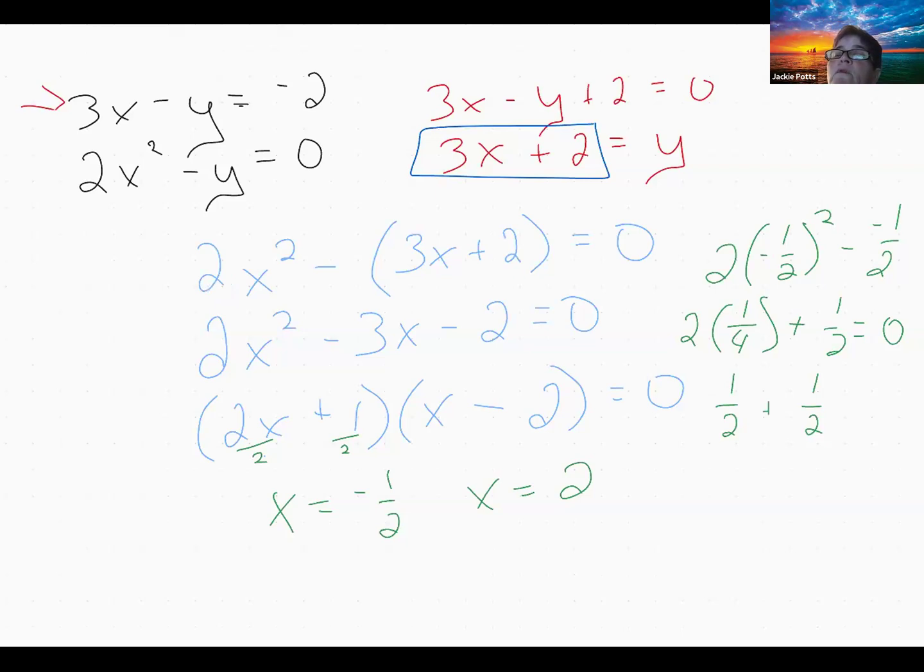All right, 2x squared, negative 4 plus 1 gives me negative 3 minus 2. And the negative squared does become positive. And I know that doesn't work.